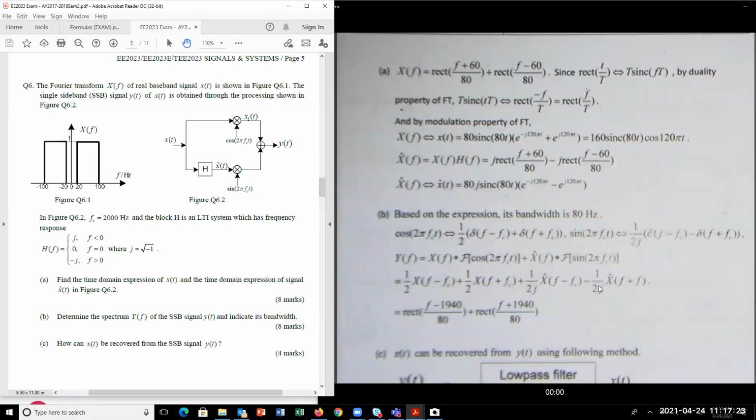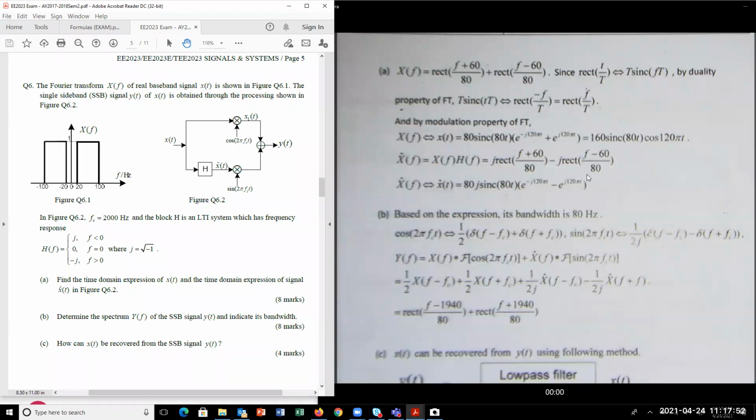Of course, we haven't substituted for X hat yet. X hat is this guy here. So now if you substitute in, of course, the J's cancel. You just substitute it inside. For this part here, when you substitute inside, you can see that wherever we see F, it will be replaced by F minus FC for this part.